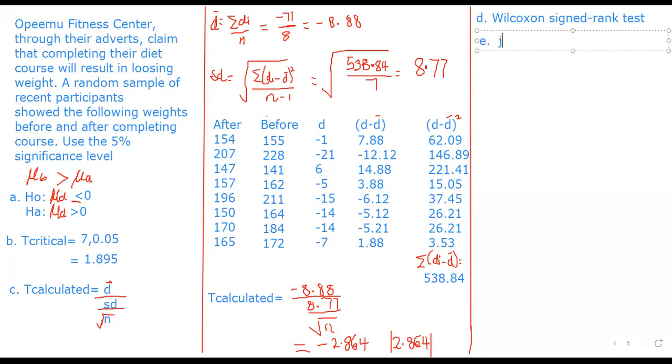We should decide with the critical value approach. That one we compare the T calc and T critical. T calc is the absolute of 2.864, and T critical was 1.895.